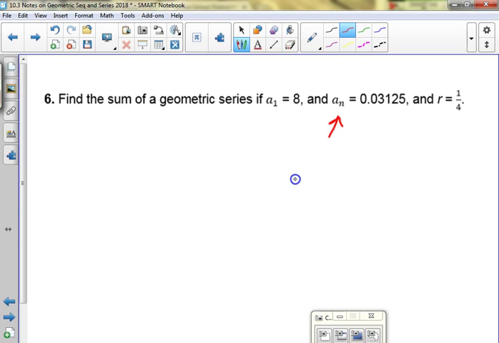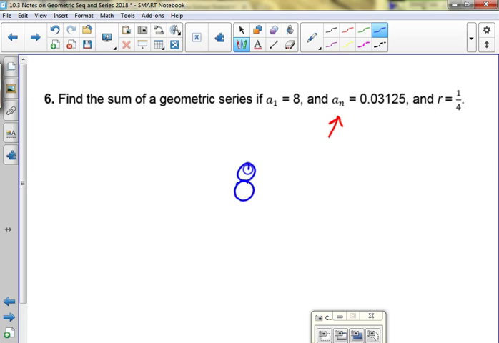Well, you'd still need the number of terms, so I guess we wouldn't be in that good shape. We don't need the last term, but we need to know how many terms we're adding up to get there. Because they want us to only add up to here. Yeah, good question. R is less than 1, so we could say what's the sum of the whole series, but they want us to stop at this term, which is kind of weird, I agree.